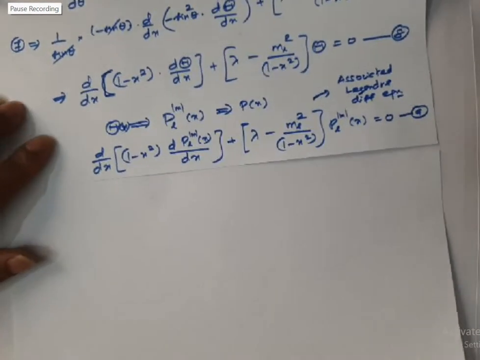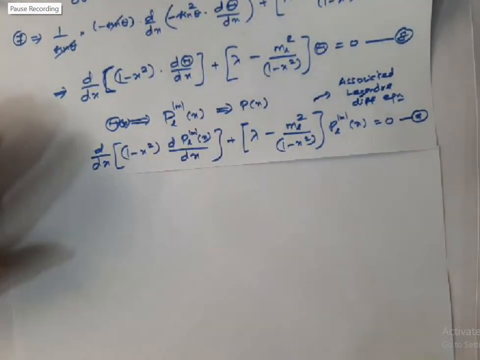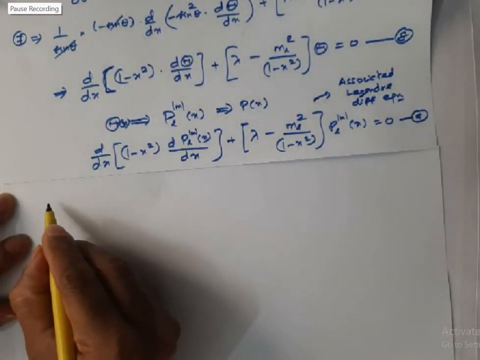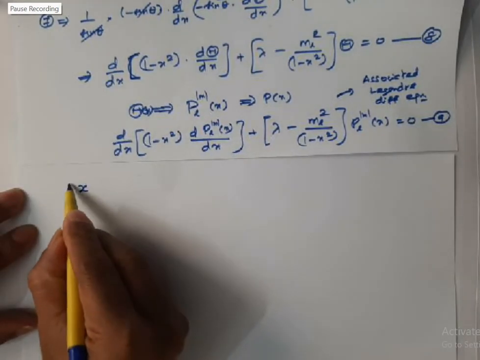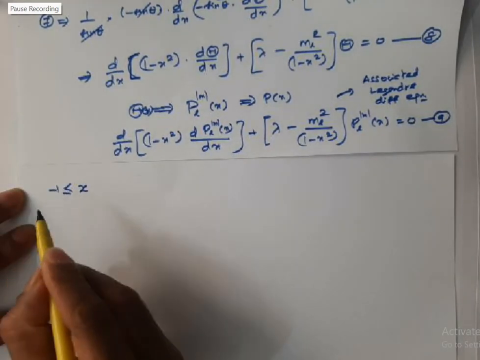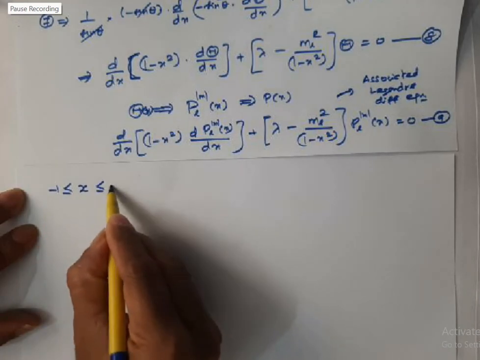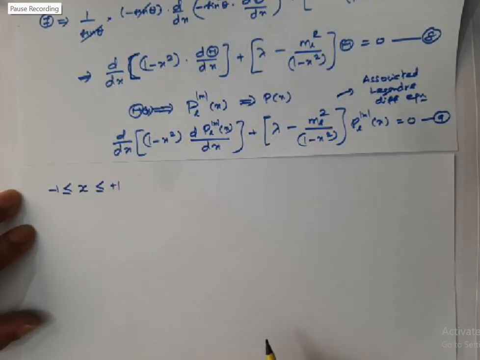What is the possible range of x? Last lecture I gave this point: x can go from -1 to +1. This is the range for x.